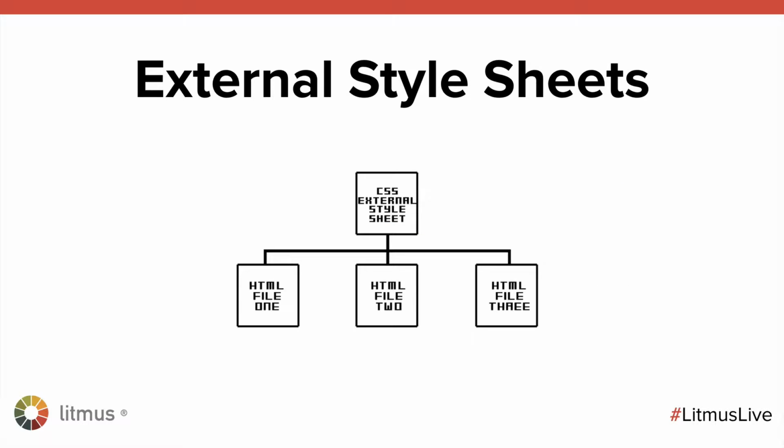External style sheets is a way to host a style sheet, a CSS file, separately from the HTML files. And you can reference that CSS file in each of the HTML files so that the CSS file essentially acts as this external, globally applicable CSS styles. And anytime you need to make a change or update, it then gets applied to every single HTML file where that's referenced.